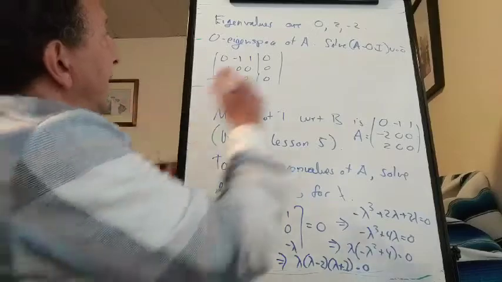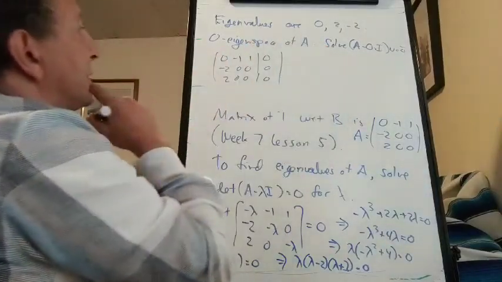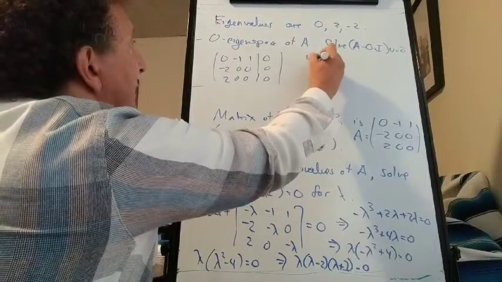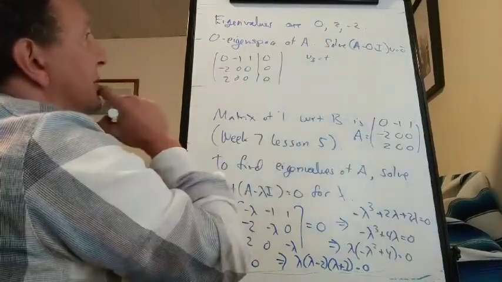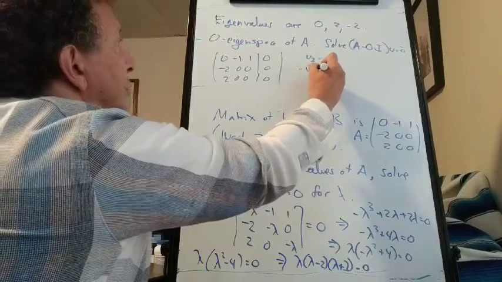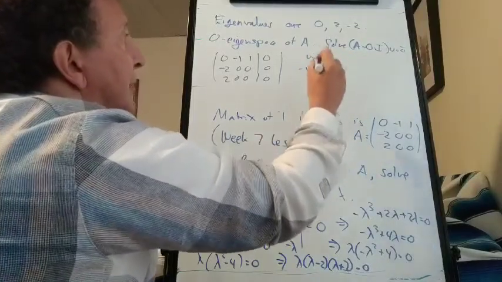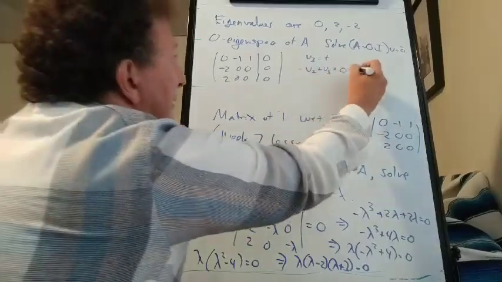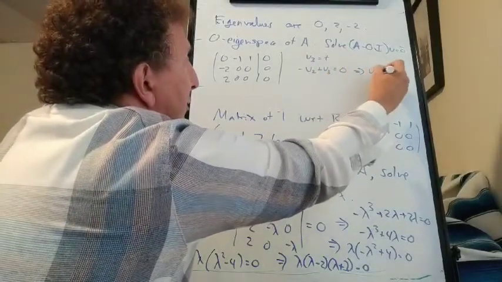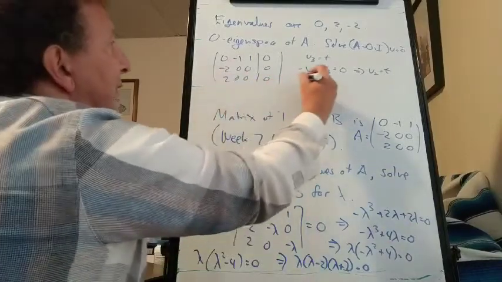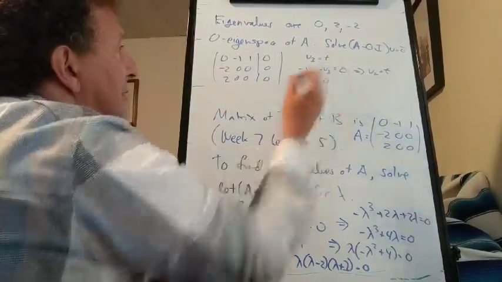And well, we can pretty much solve this without doing any row operations. Because if we let v3 be t, then the first equation says that -v2 plus v3 equals 0. So that means that v2 equals v3. So v2 equals t. And then the last equation and the second equation both say that v1 equals 0.